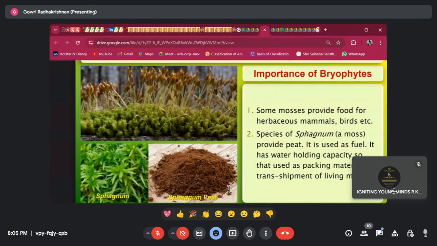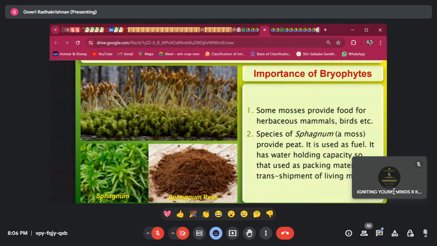Now, importance of bryophytes. Some mosses provide food for herbaceous mammals, birds, etc. What is herbaceous? Mammals which feed only on plants, leaves and vegetables.